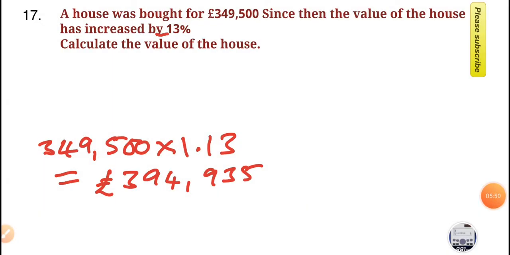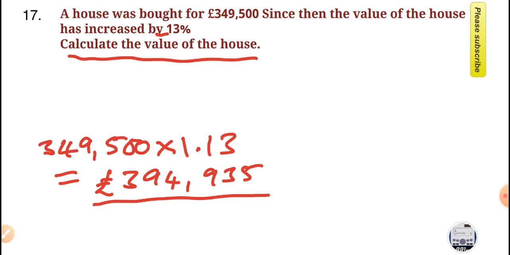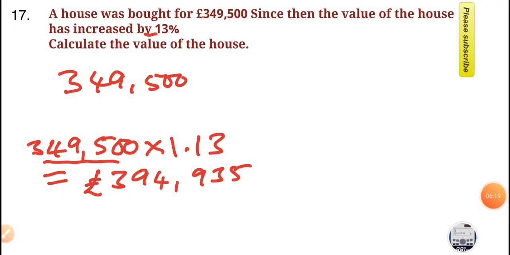Now, as I said before, you've got to be careful. What is the question asking for you? In this question, they've asked you to calculate the total value of the house, so that's the right answer here. But they could have easily asked you how much did the house go up by. Don't just say 13%. You'd have to do the original price, which is this 349,500, and then we'd have to do a subtraction here.